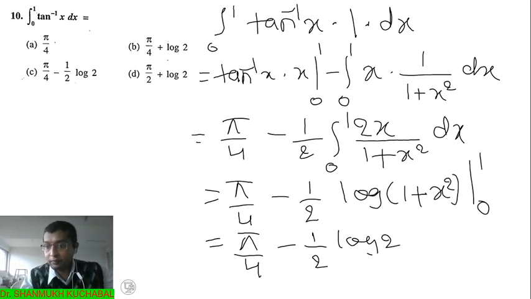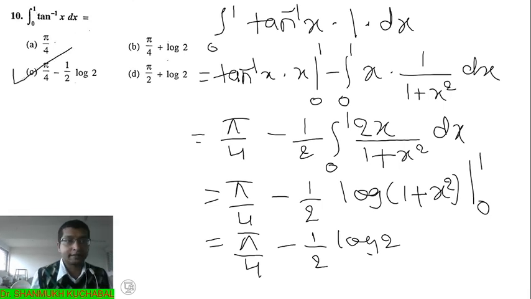Further minus the lower limit, log of 1 plus 0, that is log 1. Log 1 is 0, therefore we get the solution pi by 4 minus 1 by 2 log 2. Therefore we can see clearly that option C is the right answer.